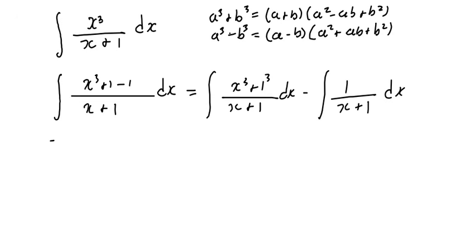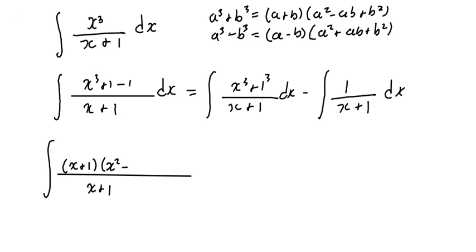So I'll have the integral, and on the denominator I still have x plus 1. Then for the numerator, that's the sum of cubes, which follows this format. So I'm going to have my x here plus, which is a, then I have my b, which is a 1, then open bracket, that would be x squared minus a times b.